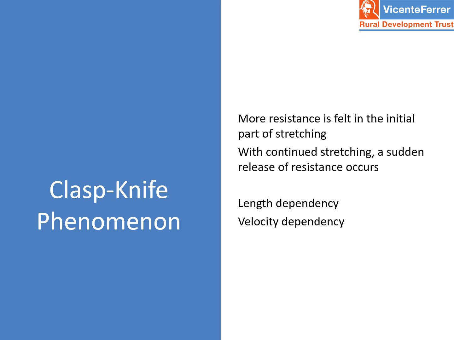In case of spasticity, why do we see the clasp knife phenomenon? The clasp knife phenomenon is nothing but more resistance being felt in the initial part of the stretching. With continued stretching, a sudden release of the resistance occurs. We know spasticity is a length dependent phenomenon.